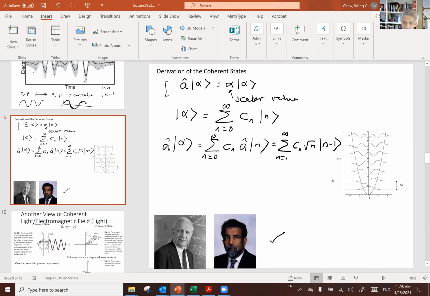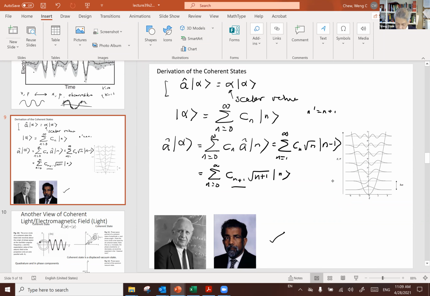And then I can resum this so that it starts from 0 again, by a change of variable. I can always do n prime equal to n plus 1 to do a change of variable. Then the summation again goes from n equal to 0 to infinity. Okay, so I have this, and I would like to find out what these coefficients are.